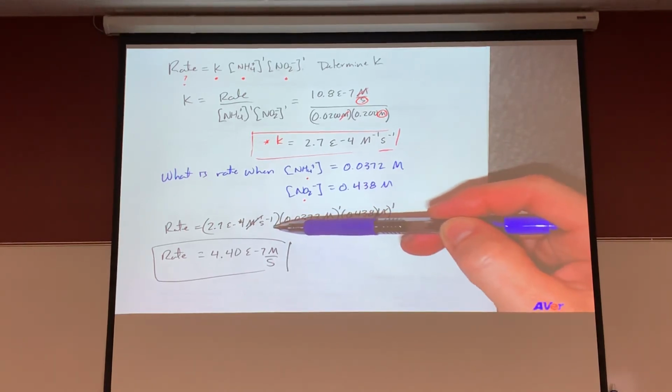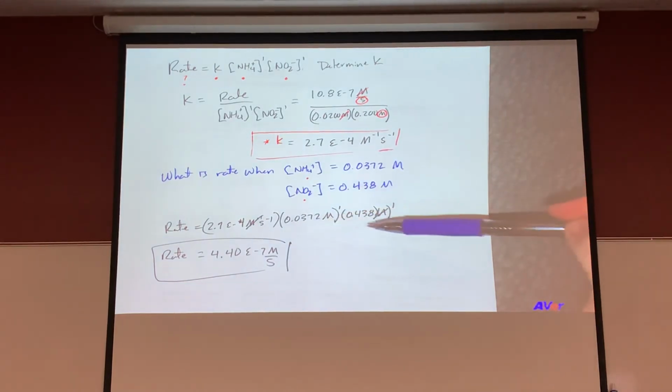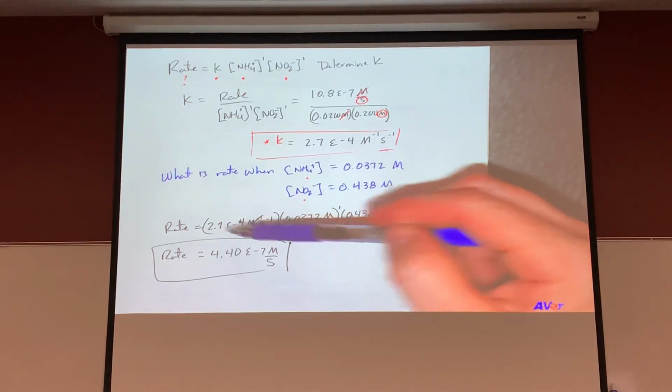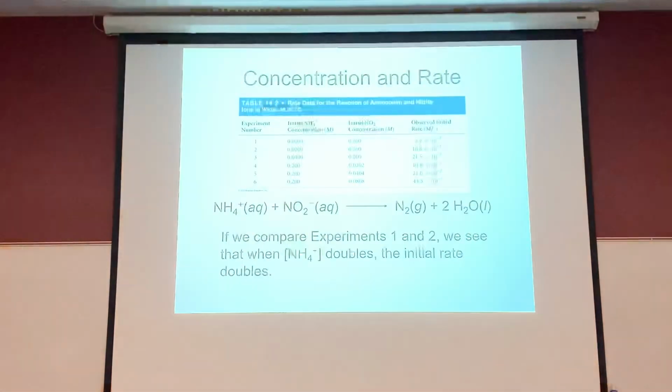So once you know the value for K in this rate law, you can ask the question, what concentrations do you need to get a better rate? Do you want it to go faster? Is it always increasing? Is there a maximum rate? So, okay. All right, let's see what I've got next.